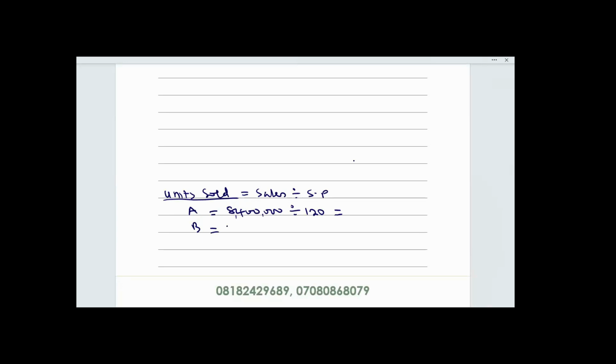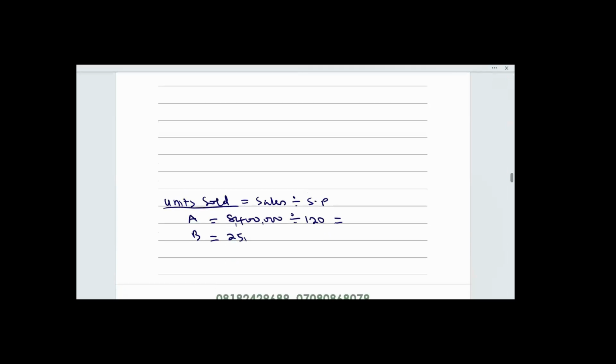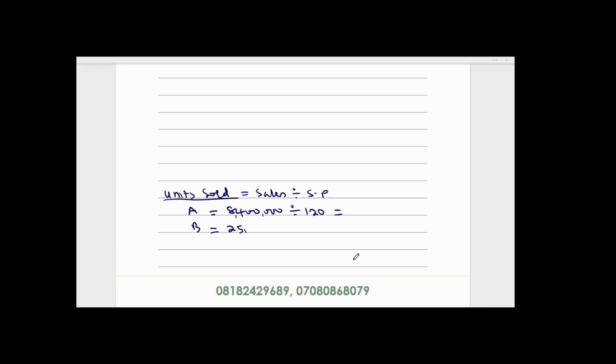Sales of product B originally is 25,200, divided by the original selling price of 180.